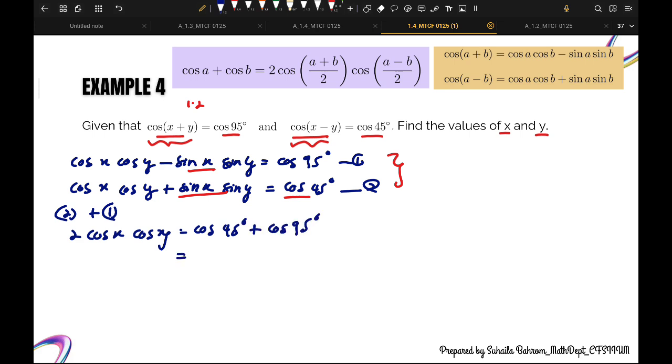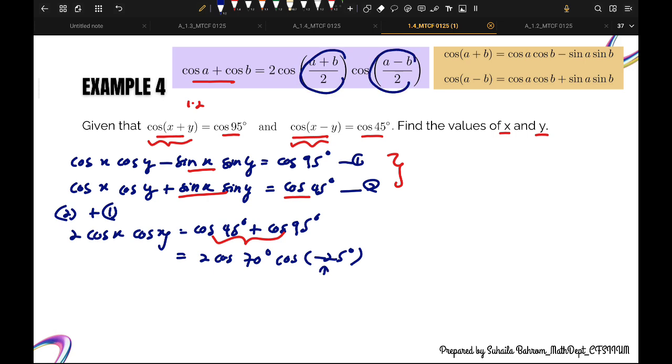And then for this one, we have to apply the sum to product formula, cos plus cos. So we will get here 2 cos 70 times cos negative 25. I simply add the two angles and divide by 2, and for the second one, subtract and divide by 2.